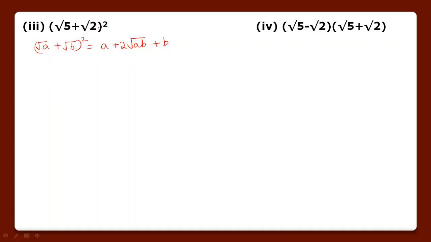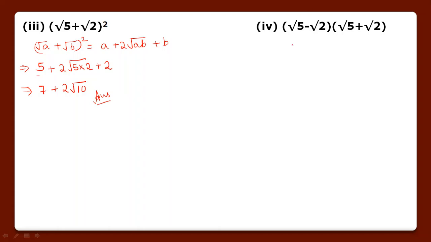In this we'll apply it: a means 5, the one inside the root, plus 2 root ab means 5 into 2, plus b. Like terms we'll write together: 5 plus 2 that is 7, plus 2 root 10 is the answer.